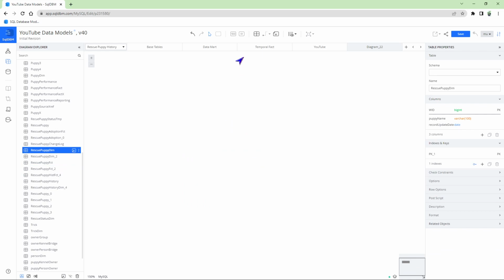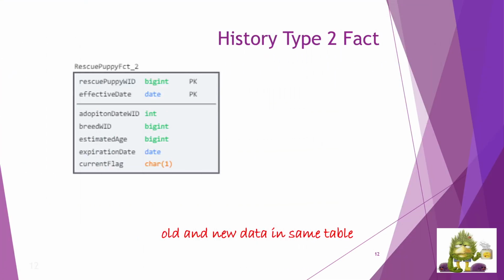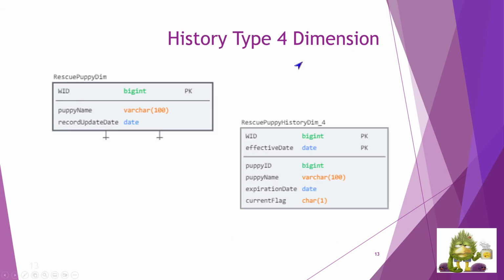Coming off of that, let's look at history type 4, and that is where you would have the puppy dimension and a puppy history.